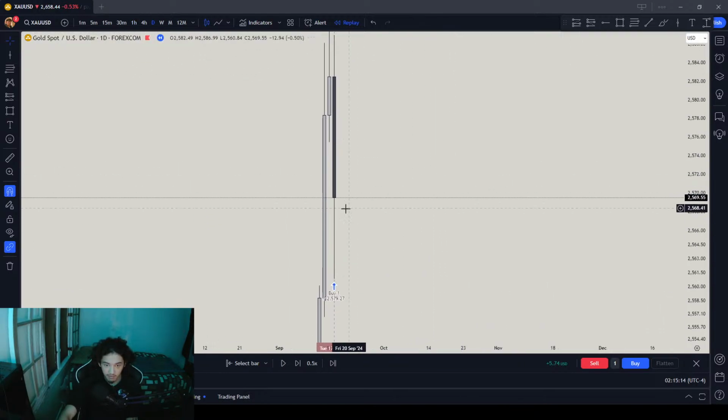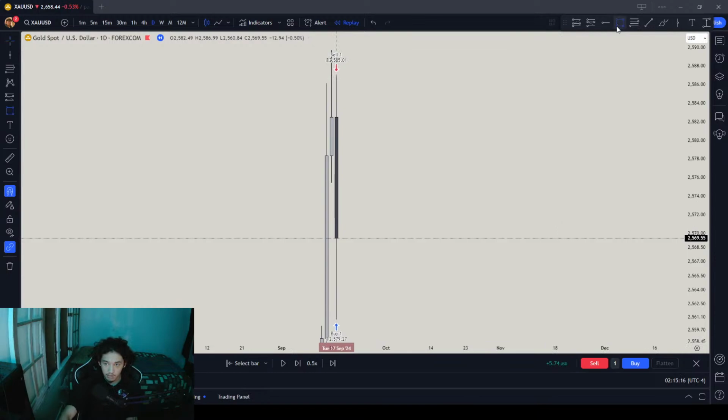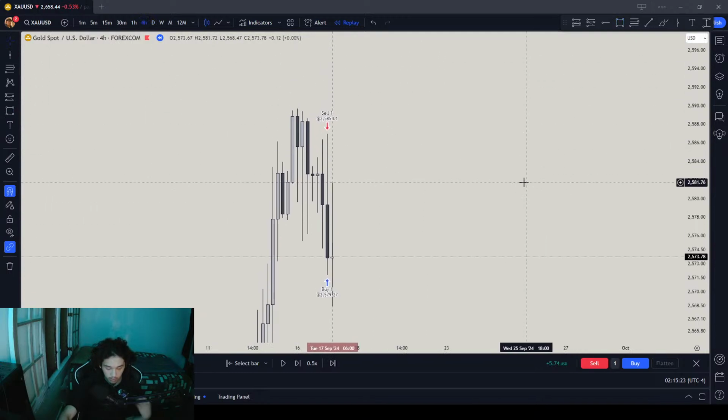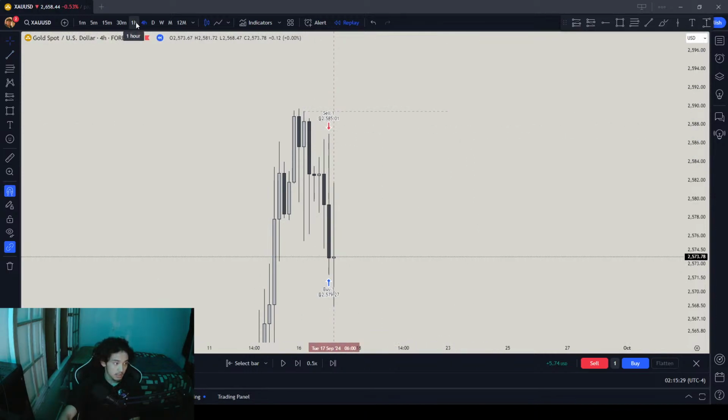So on a daily time frame, the market is internal, right? Now we're looking to long back up to an external draw on liquidity, which is right over here. We're looking to long over here, unless it gives us a setup.